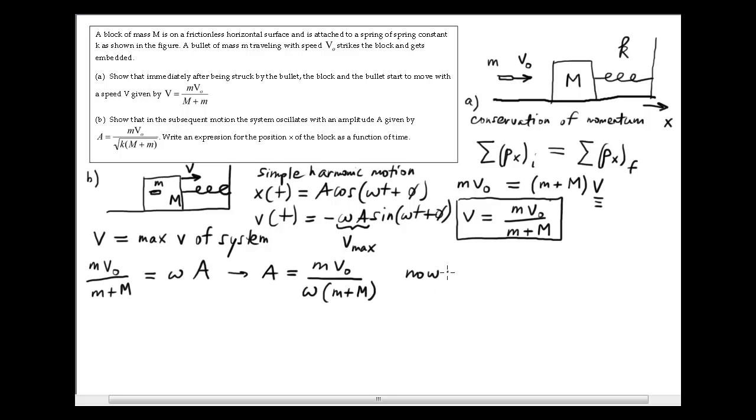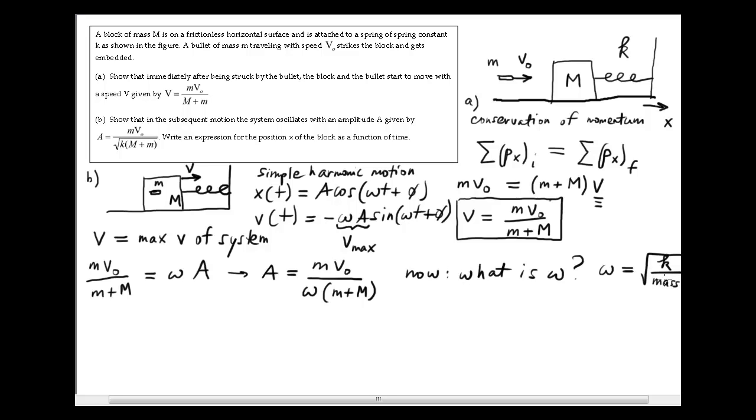Now, what is omega? If you have a simple mass spring system, you'll see that omega is square root of k over m. But rather than write m, I'm going to write mass.